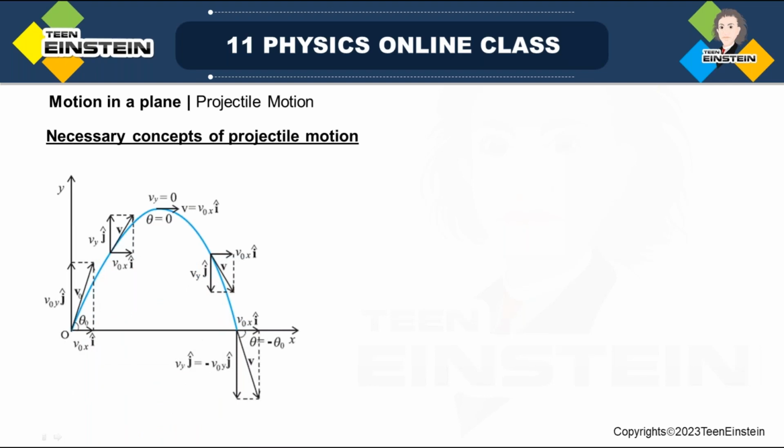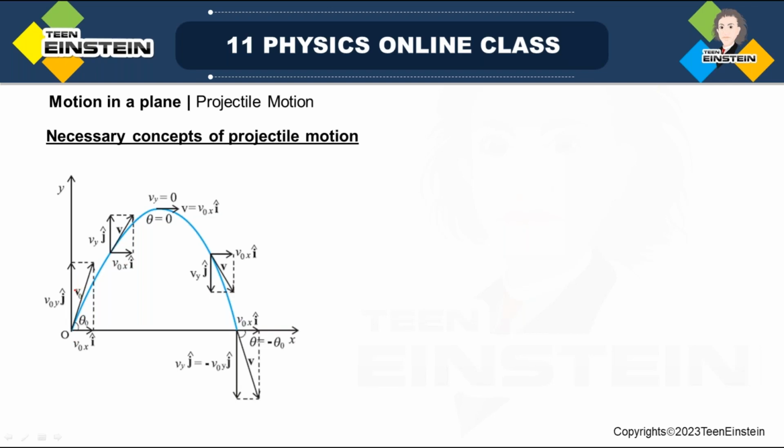Look at this figure. When a particle is launched or projected with a certain initial velocity, it will start moving with the initial velocity, making an angle. This initial velocity is v0 here.